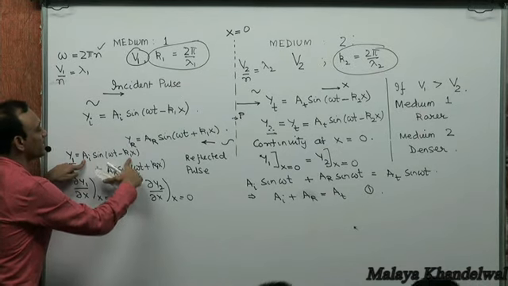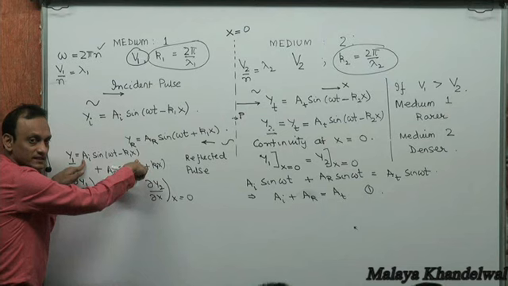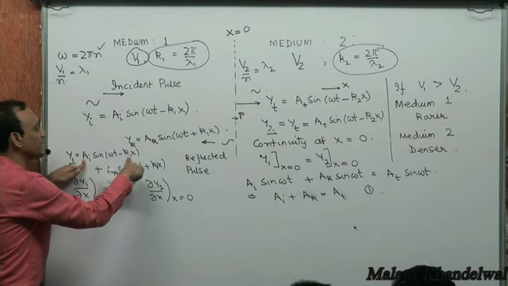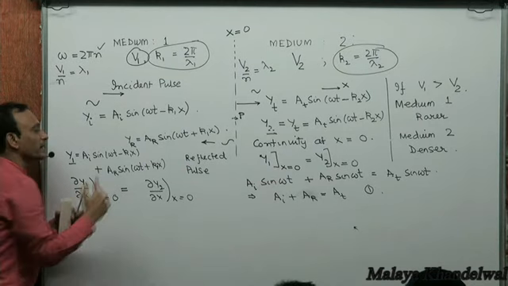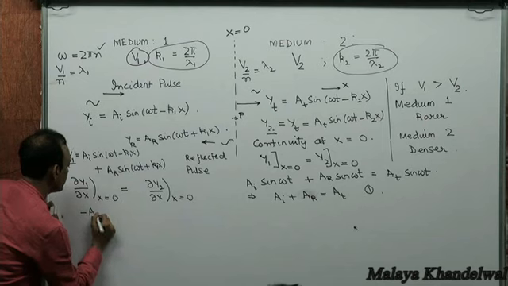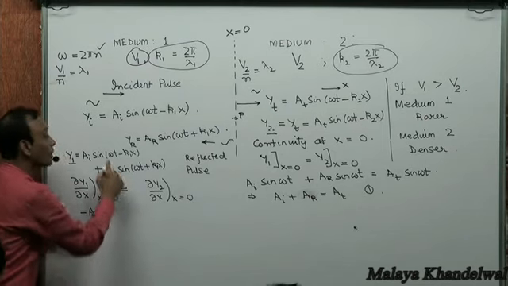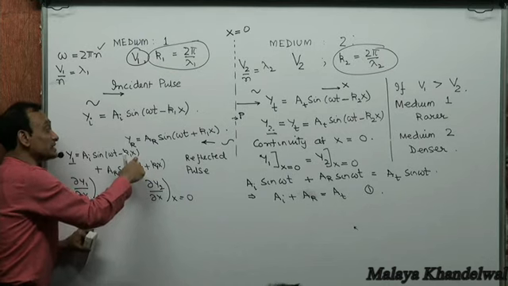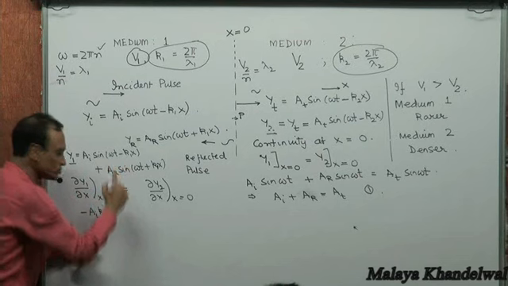So now, if I differentiate this with respect to x, what do I get? Minus ai k1 cos(omega t minus k1x). Yes or no? Right? And so minus ai k1 cos(omega t minus k1x) at x equal to 0 will simply be cos omega t.